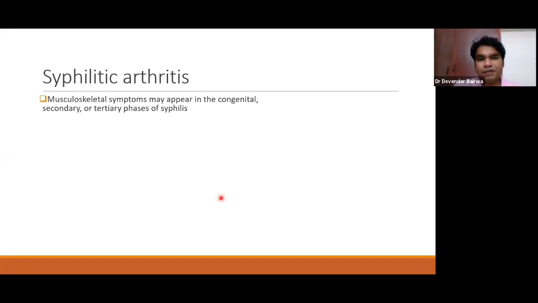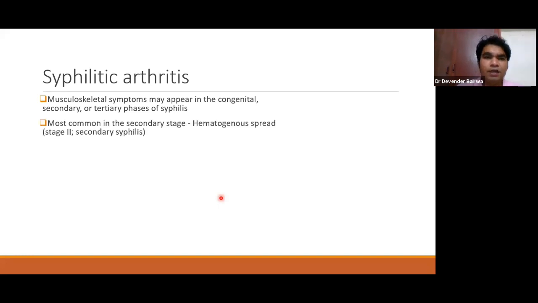They manifest in different parts. These musculoskeletal manifestations can be present in all the forms, congenital as well, secondary, tertiary. Mostly in primary, these are not there. Most commonly, these manifestations are present in the secondary stage because there is hematologic spread. Once there is hematologic spread, there is development of non-specific arthritis and myalgias.